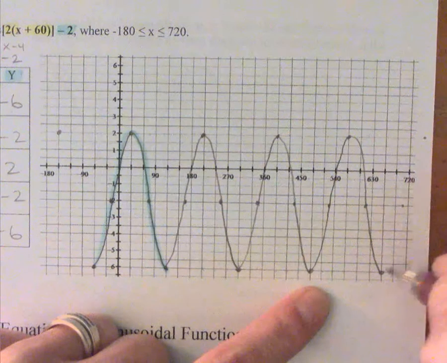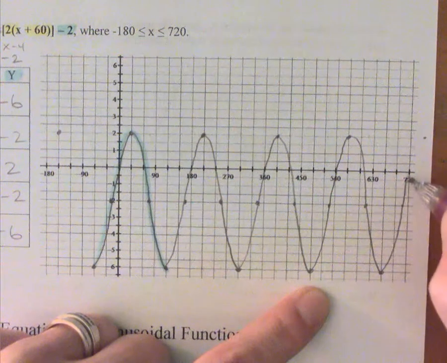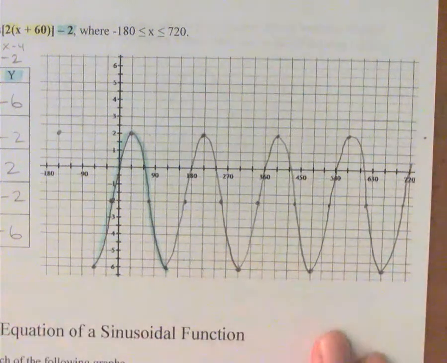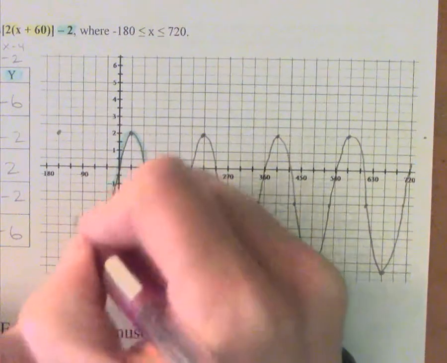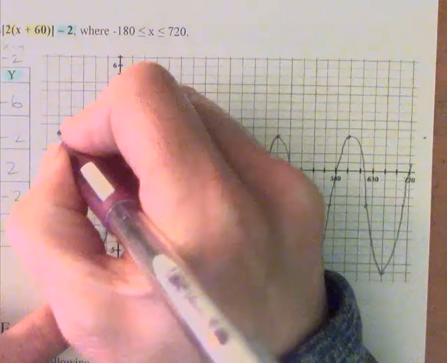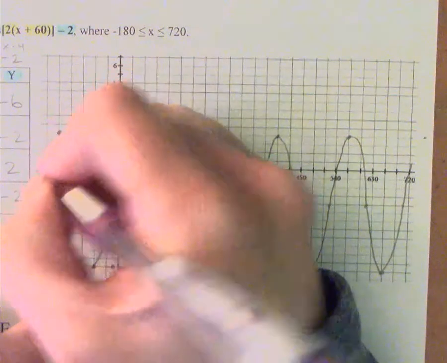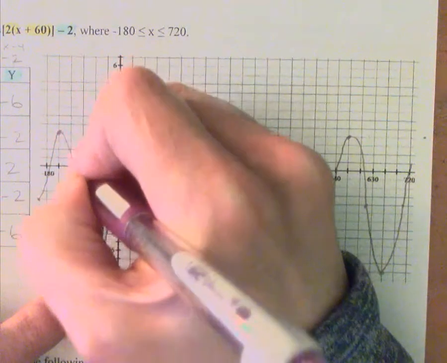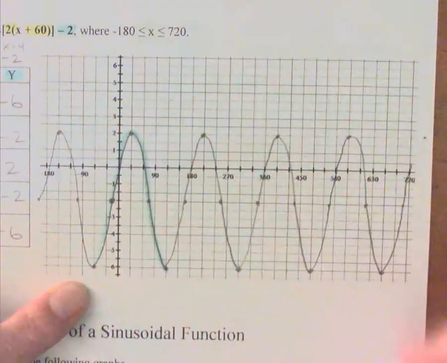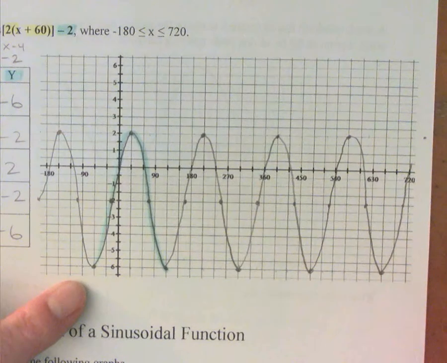And I'm heading off to there. Okay, same thing in this direction. We're going to go a space and a half and a space and a half. And there is our graph.